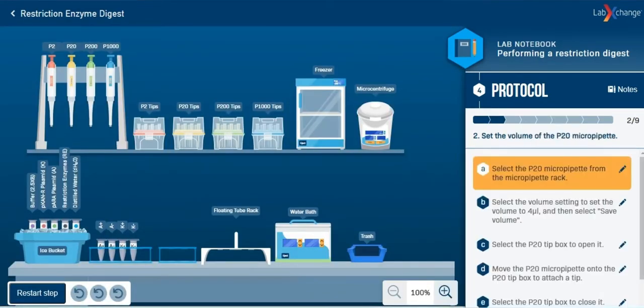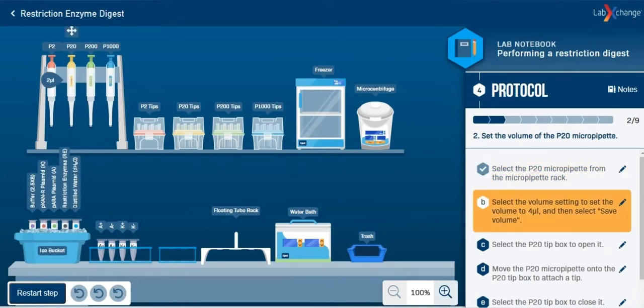Next step is set the volume of the P20 micropipette. Select the P20 micropipette from the micropipette rack. Select the volume setting to set the volume to 4 microliter and then select Save Volume.